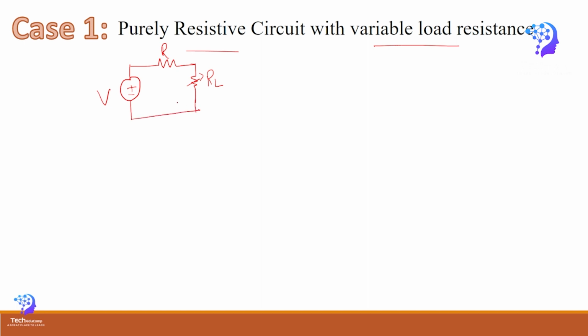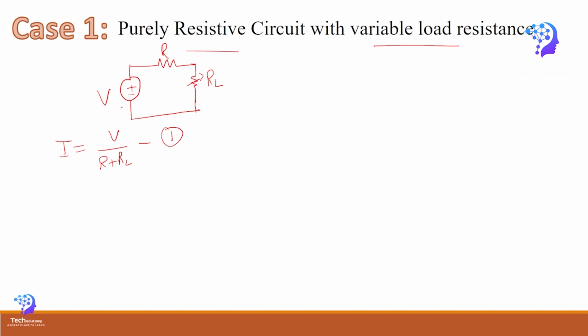The maximum power will be delivered from the source to the load when the load resistance is equal to the source resistance. So if I find the current I, it will be V upon R plus RL, according to Ohm's law. This will be my equation number one.